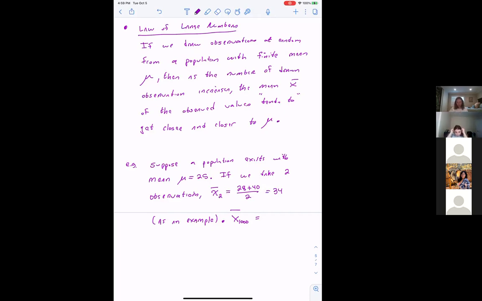So do I expect my sample mean, which is the mean of the sample, to be in the vicinity of the actual mean? Why is the answer no to that one? Luis, why is the answer no?